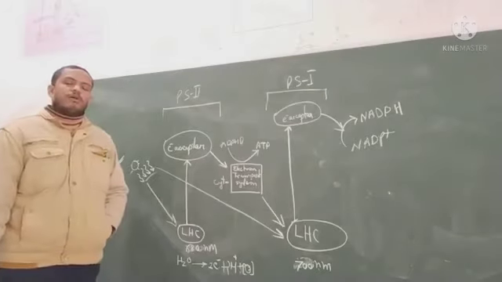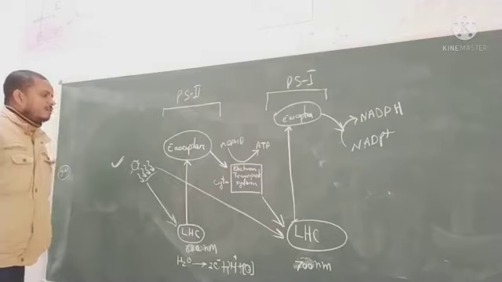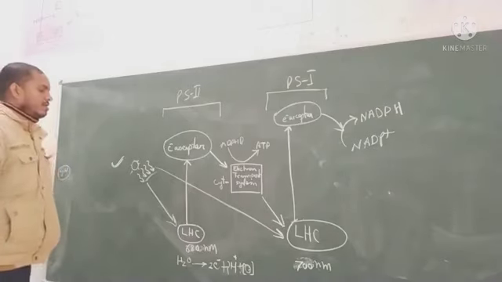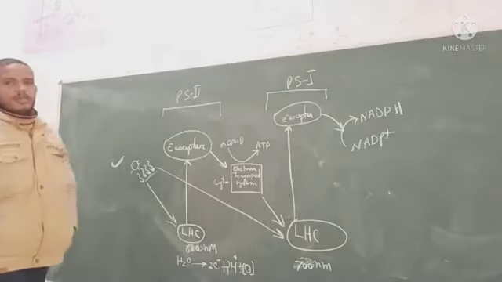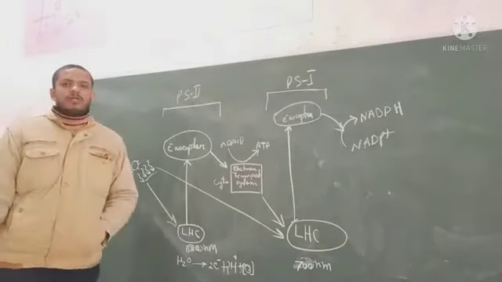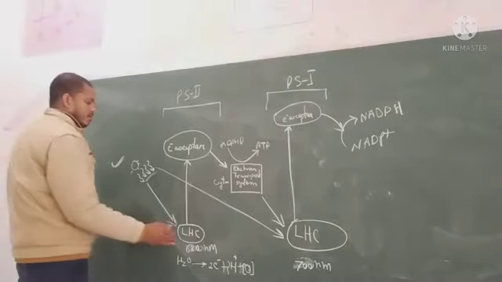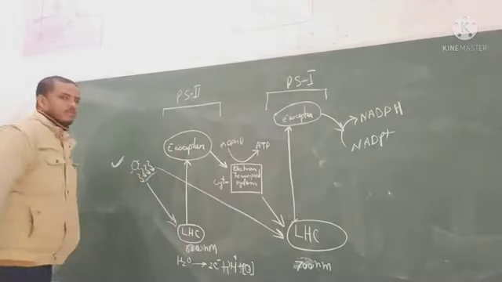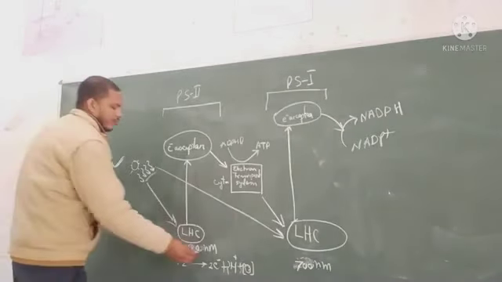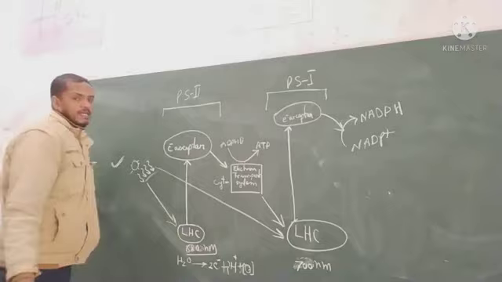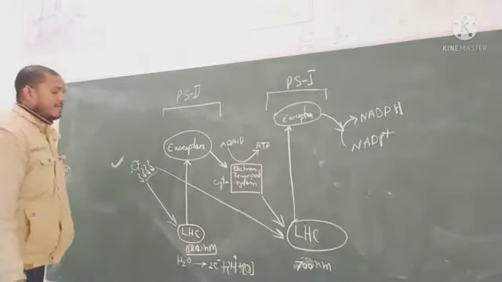Because of the absorption of the light energy, the electrons present in the pigments of the light harvesting complex of photosystem 2 absorb light of wavelength 680 nanometer, red light.